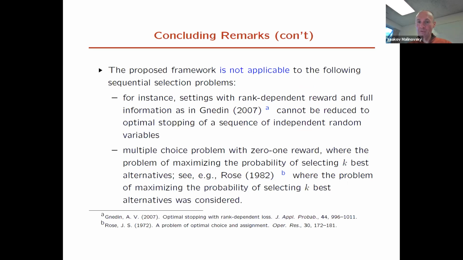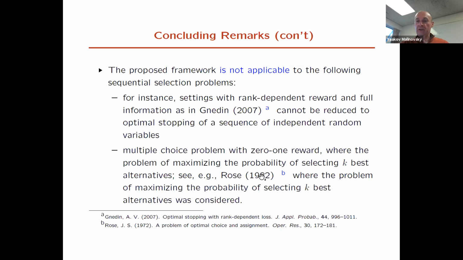What we cannot solve, for example, is the problem where the reward is based on ranks, but we have full information. This type of problem is described in 2007. We cannot solve this type of problem. We also cannot solve the problem I was asked about before, selecting when the reward is 0, 1, and we need to select, for example, two observations to maximize the probability of selecting two observations with absolute rank 1 and 2.